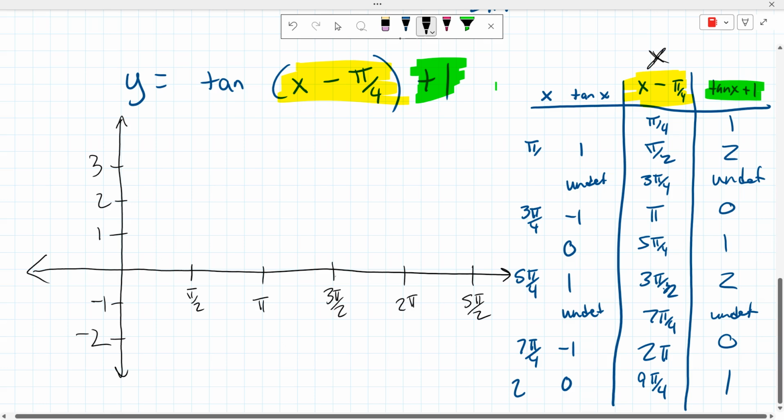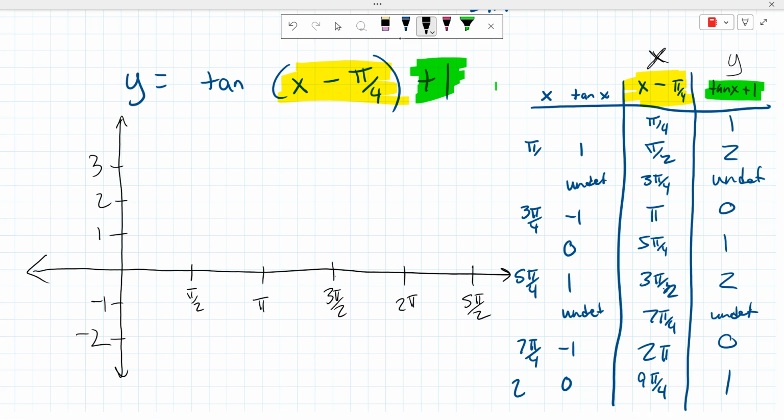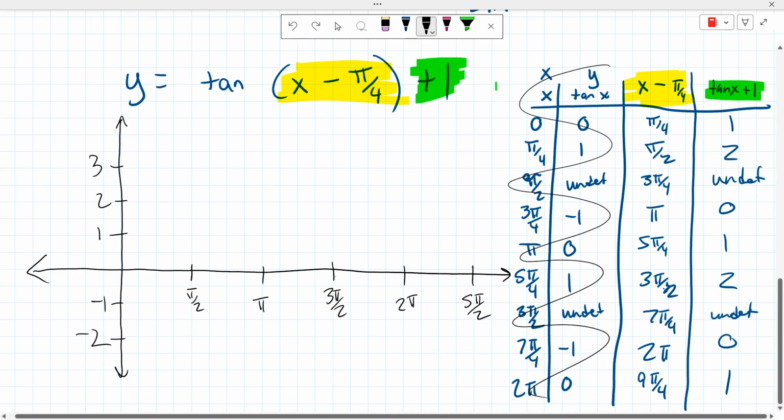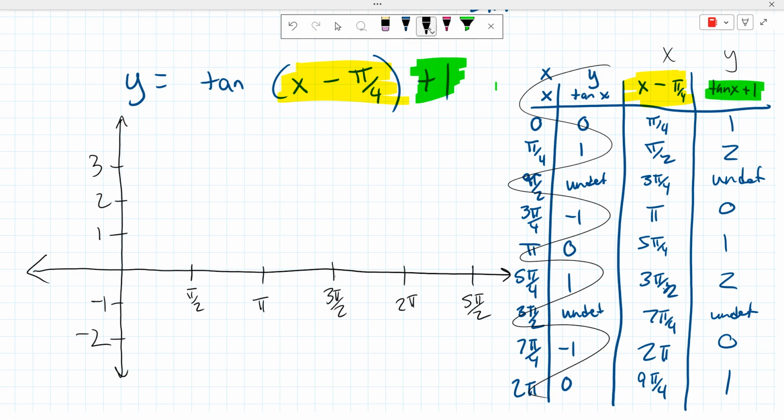This is a new x column. This is a new y column. If you only change an x, then you graph your x and what your original y was. Well, let's undo here because I didn't know I made those things disappear. So x and y. Okay. So we're going to just graph these.